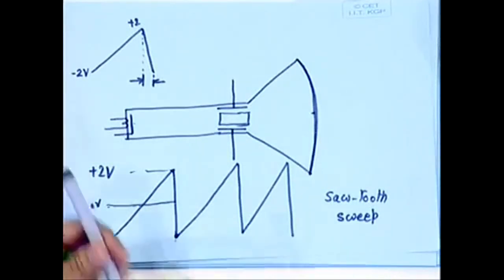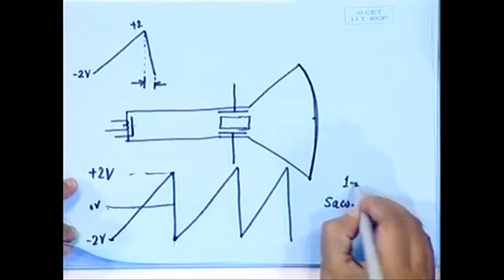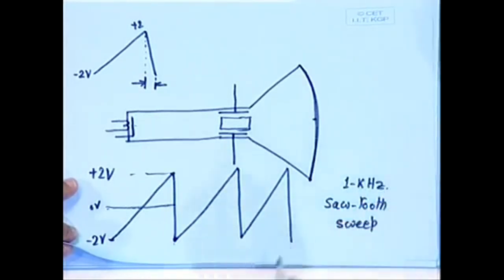And if, for example, I just give you a figure, supposing this sawtooth voltage is operating at 1 kilohertz frequency. So you can say that it will take 1 millisecond to complete its journey.